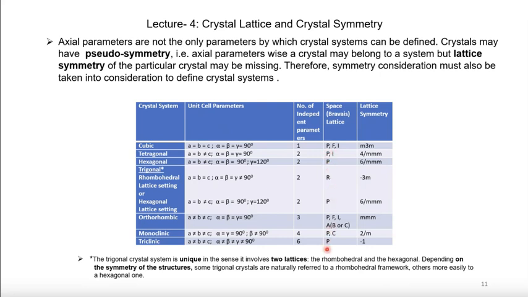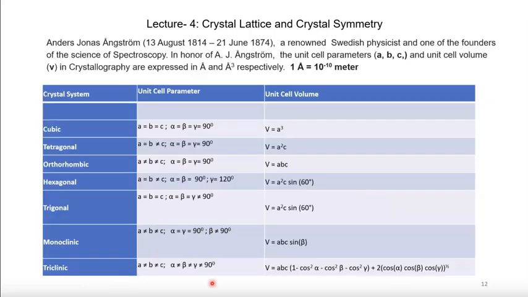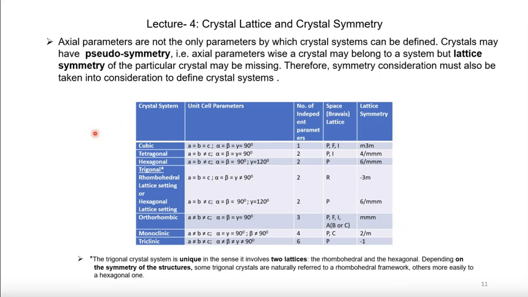You see, there are 14 Bravais lattices, which also have another parameter to consider for cubic, tetragonal, hexagonal, and so on. With this slide, we finish our 4th lecture on crystal lattice and crystal systems.